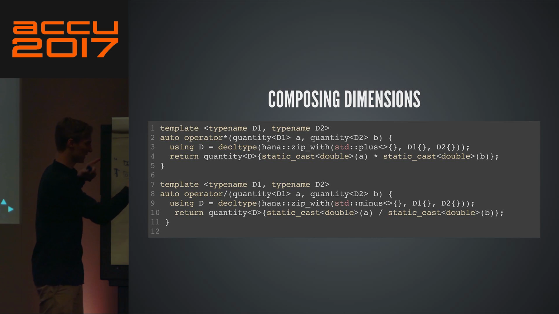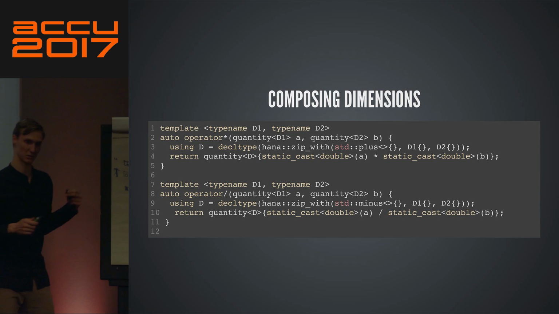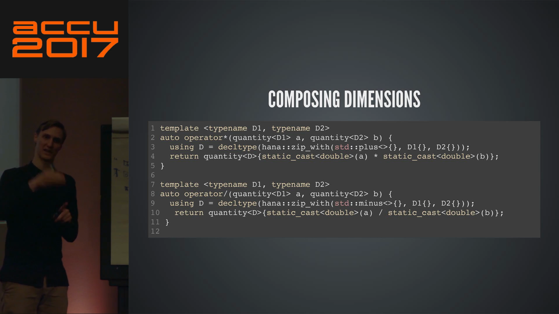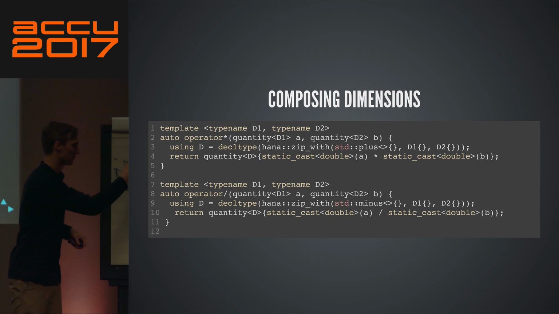I can't even write numbers, for God's sake. So let's say I had a 2 here and a 3 here for some reason. I would like to have a 5 here, because the resulting dimension is going to be mass squared times mass cubed, which is mass to the 5. So I'm just adding the things.